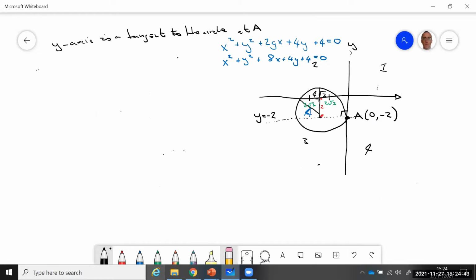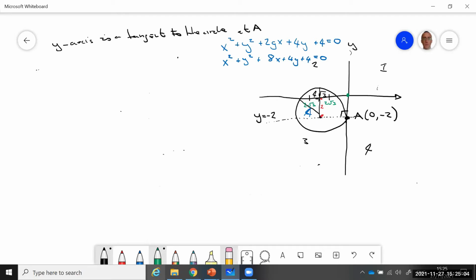Now, where is the origin? The origin is here. And we have to find the equations of the two tangents that go through the origin. There are many tangents to the circle, but only two of them will go through the origin.